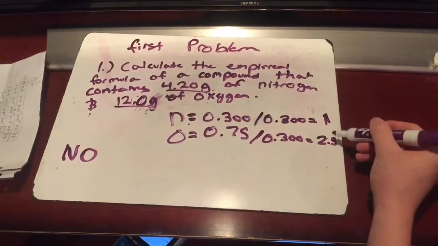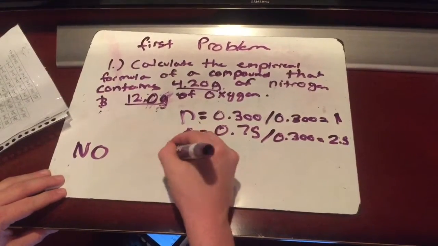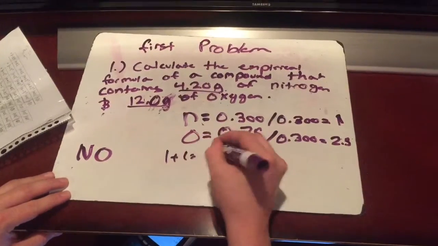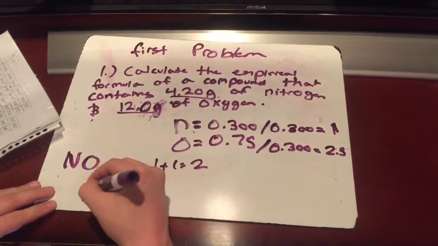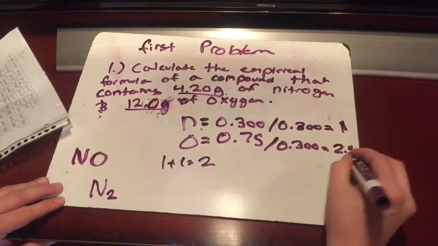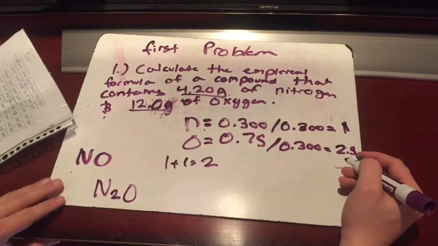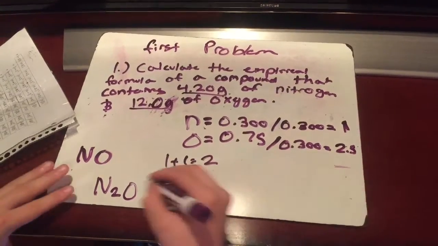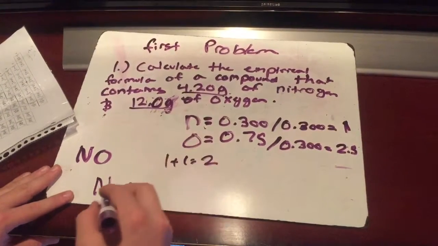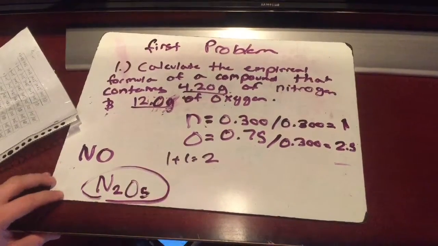Now, once you've figured out these numbers, for nitrogen you would do 1 plus 1, which equals 2, so you put in 2. Then for oxygen, 2.5 plus 2.5, and that should give you 5. So your answer for the empirical formula should be N2O5.